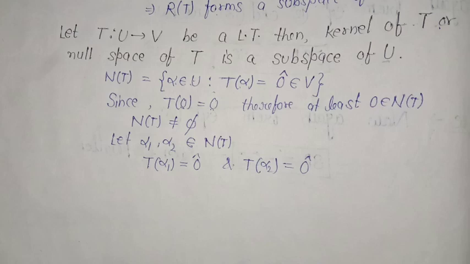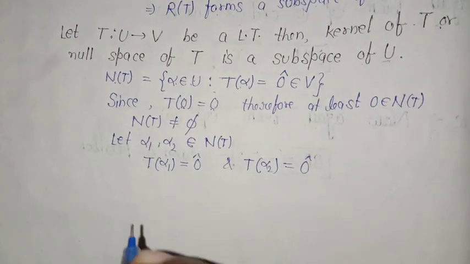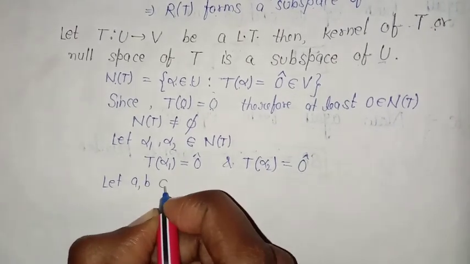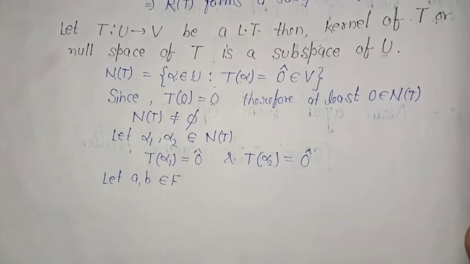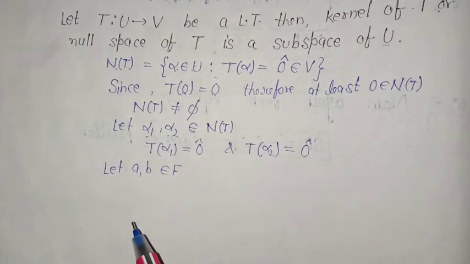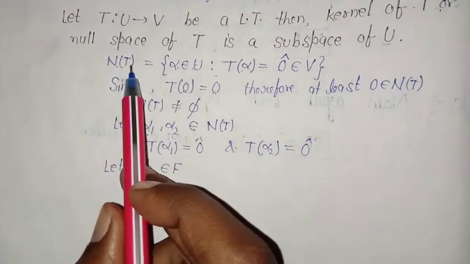In order to prove that this null space of T forms a subspace, we let A, B belong to F, and we will show that the linear combination of these vectors also belongs to the null space of T.